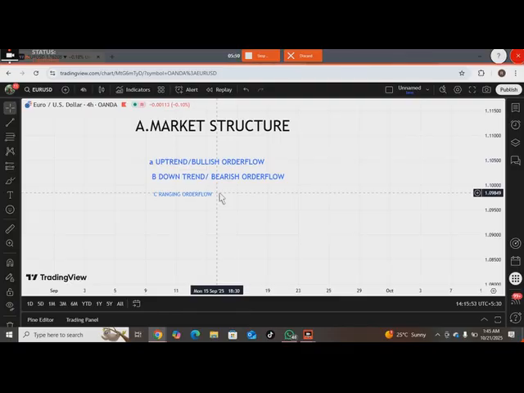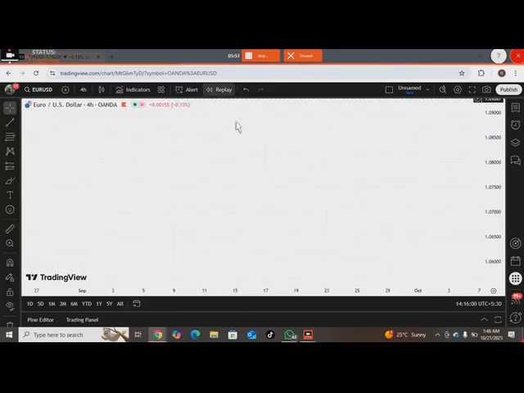Sometimes you can call it swing or ranging order flow. These are the three kinds of market structure that you should understand.